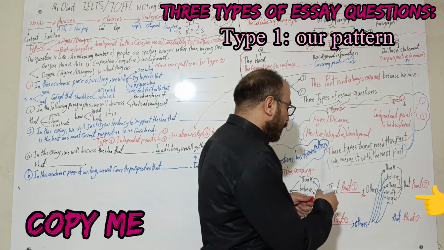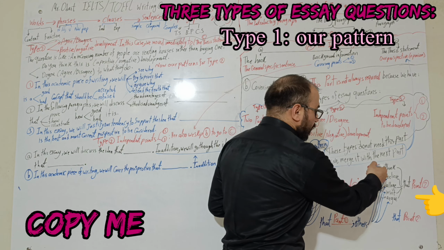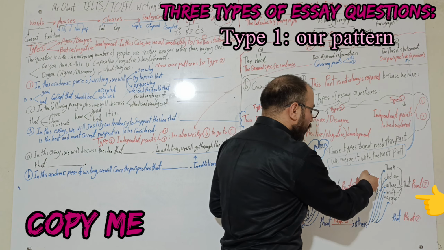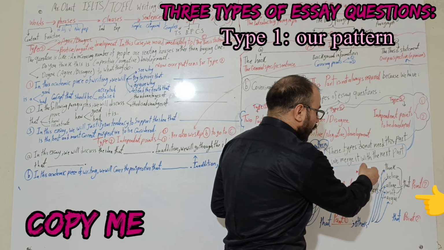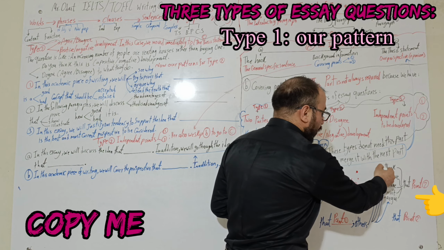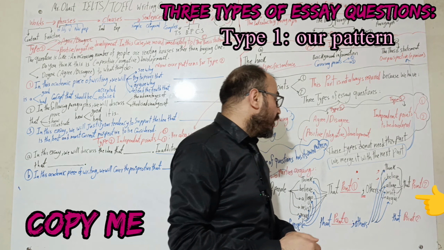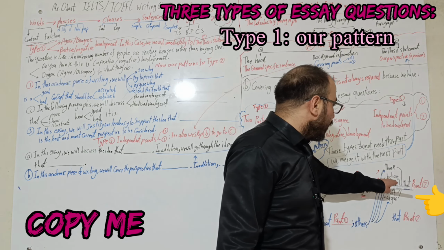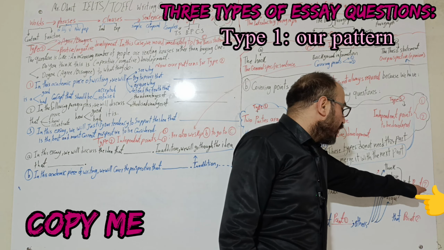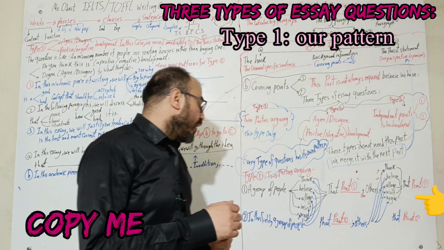You can use, for example, a dot, and here you write however, nevertheless, or you can use one of the fanboys, or you can use, for example, on the other hand. You are free, but I prefer to use the semicolon here. Others think that, and then here, for example, renting a house is better than buying one.